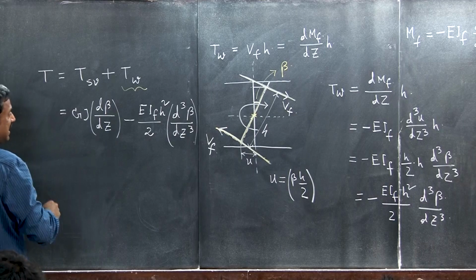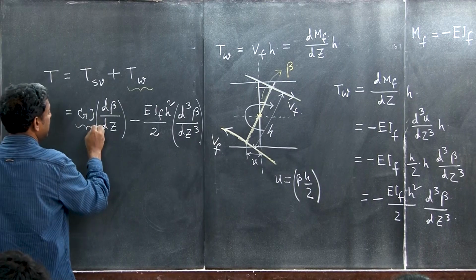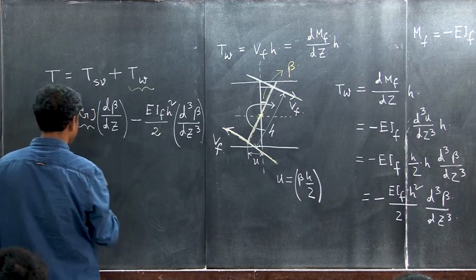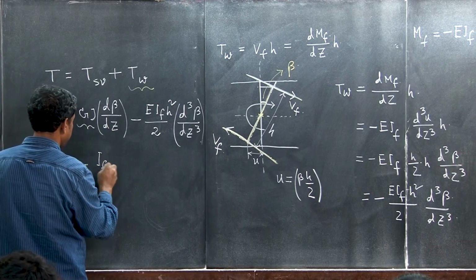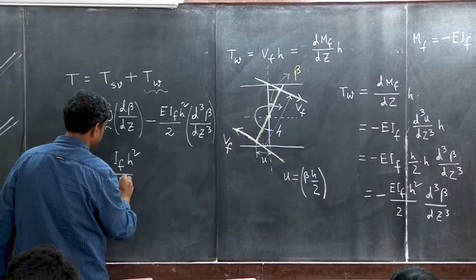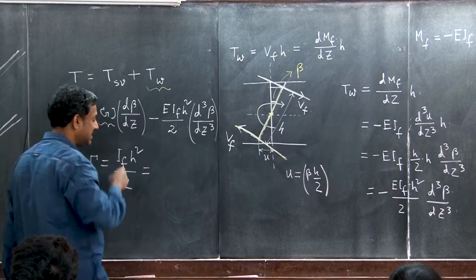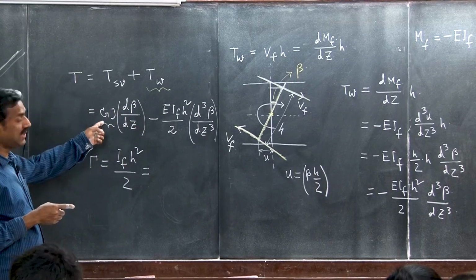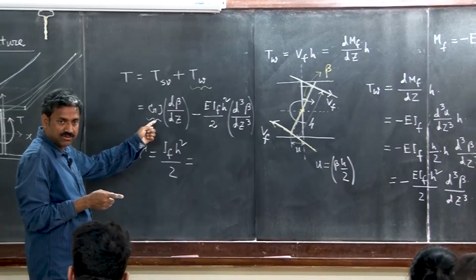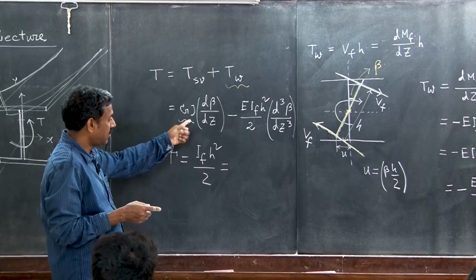So here please see that here is G J, and I_F h²/2 I am going to define as capital lambda, which is I_F h²/2. This is the Saint Venant torsional rigidity, right, Saint Venant torsional constant.